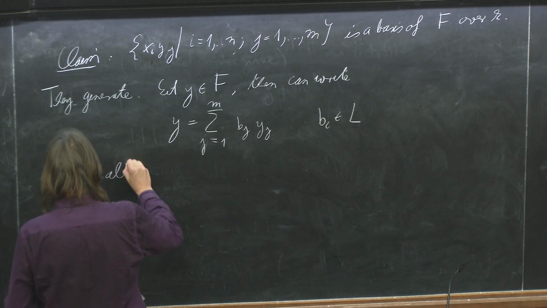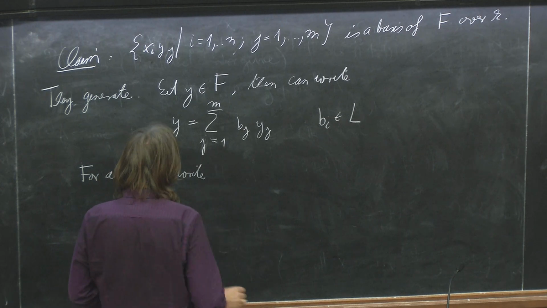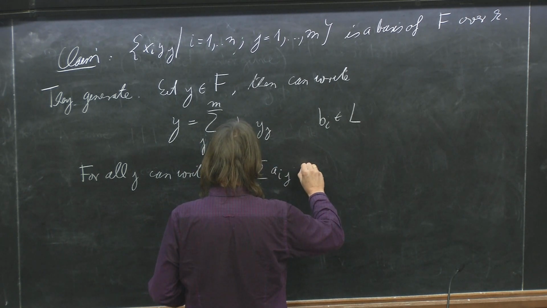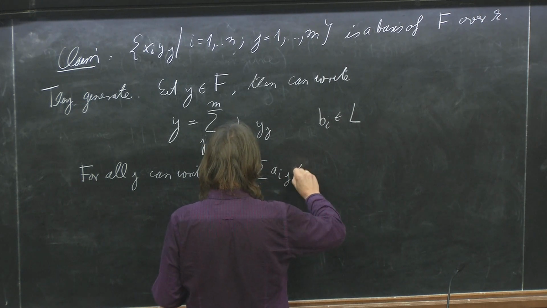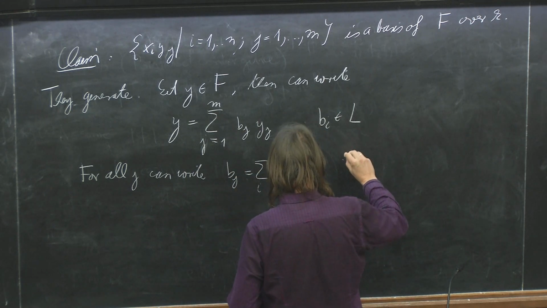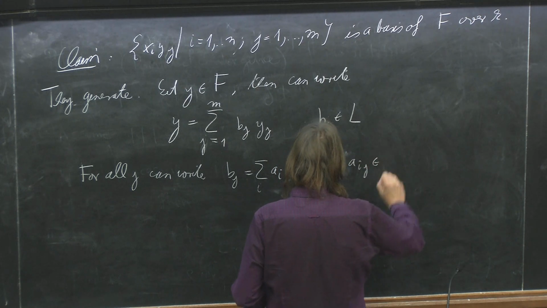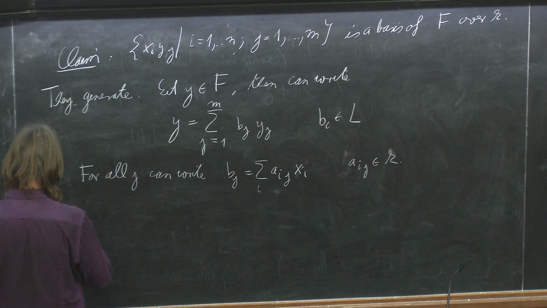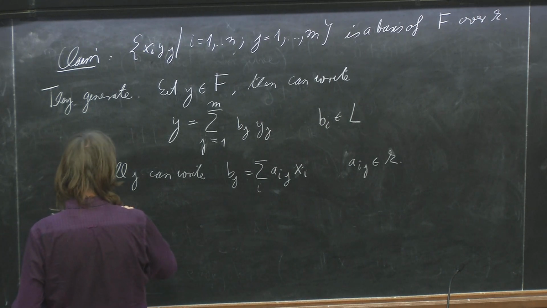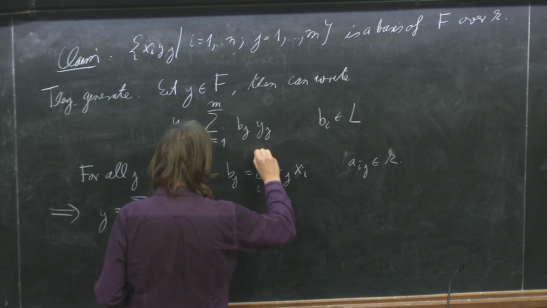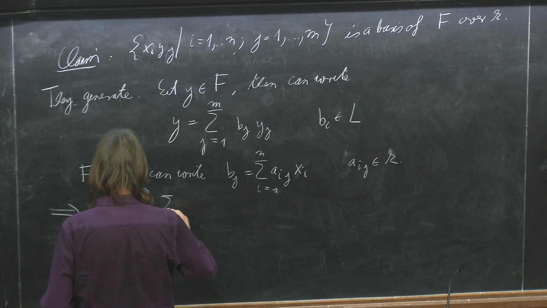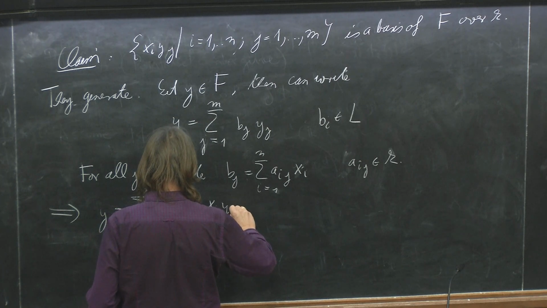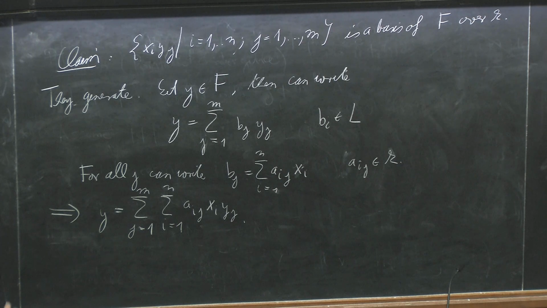For all j, I can write bj as the sum over i of aij xi, where the aij are elements in K. So thus clearly our given y can be written as the sum over i from 1 to n and j from 1 to m of aij xi yj. So this shows they generate.